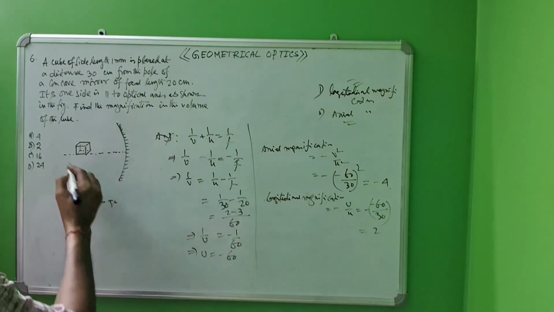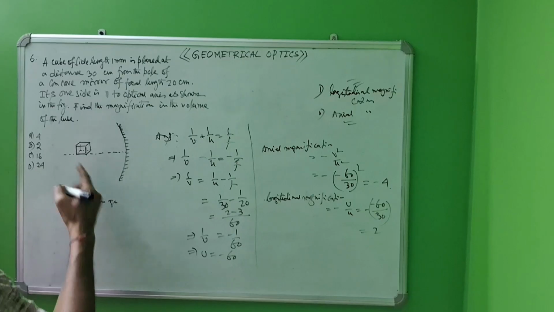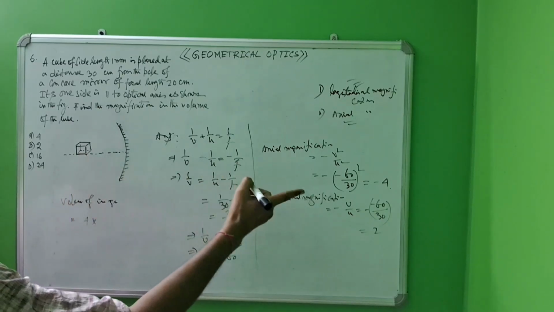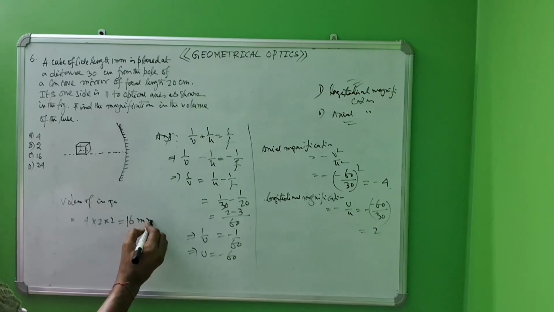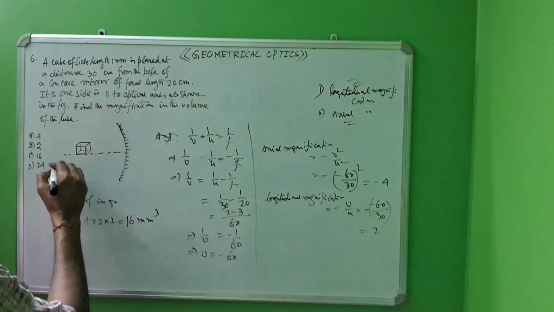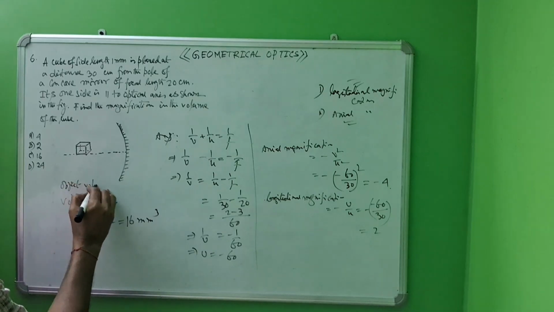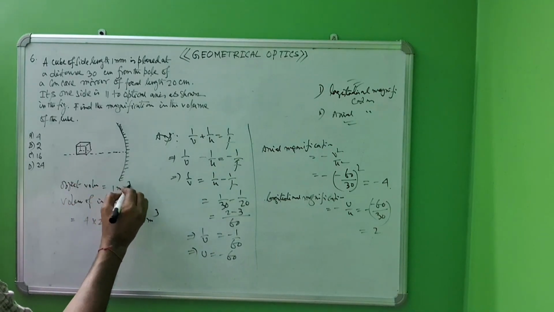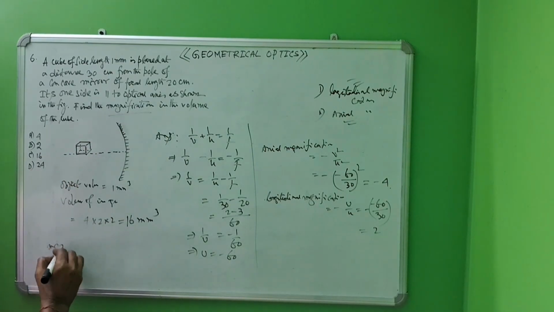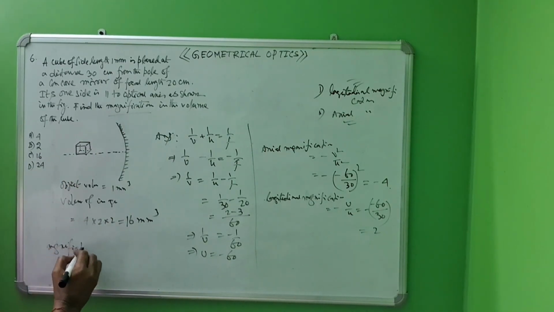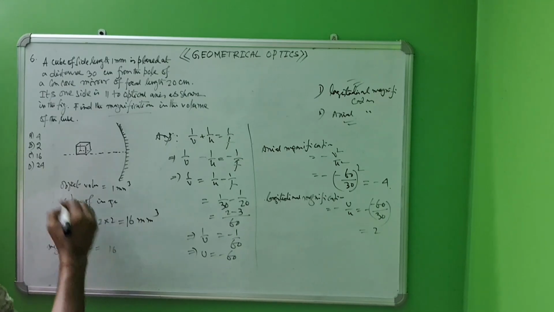For the image we get 4 mm, 2, 2, so 4 into 2 into 2, this is up to 16 mm cube, and the object volume equals 1 mm cube. So the magnification equals 16. So the answer is C.